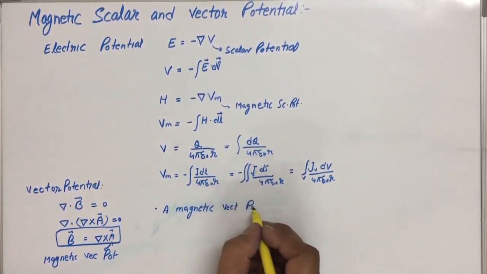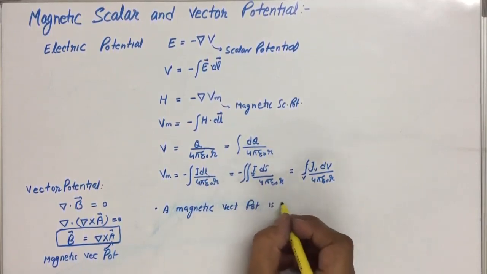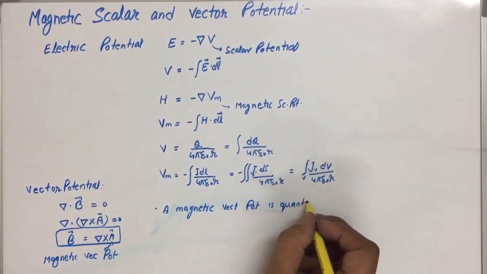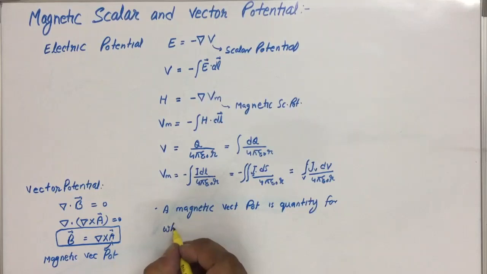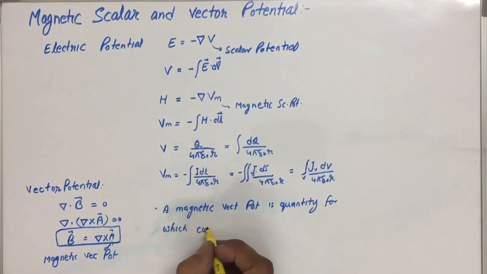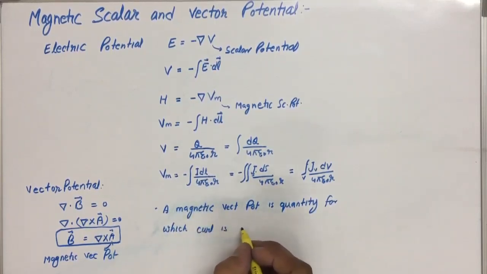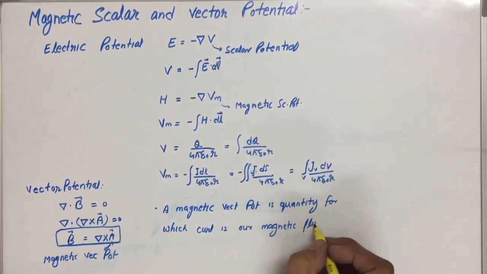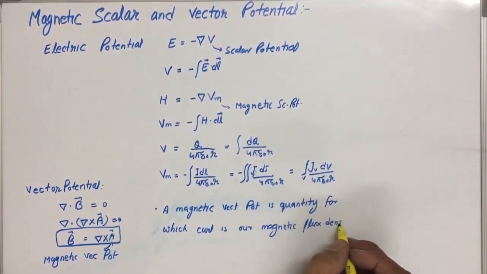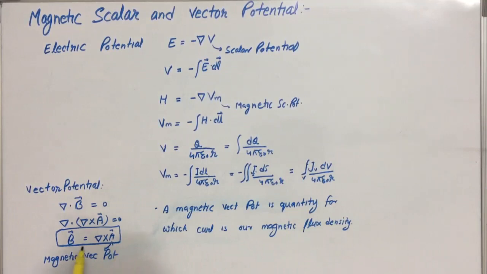From this statement we can understand that the vector for which the curl is the magnetic flux density is known as magnetic vector potential.